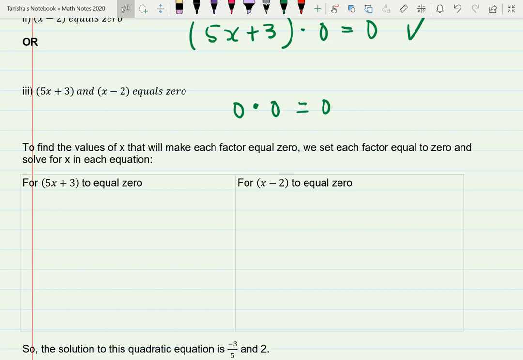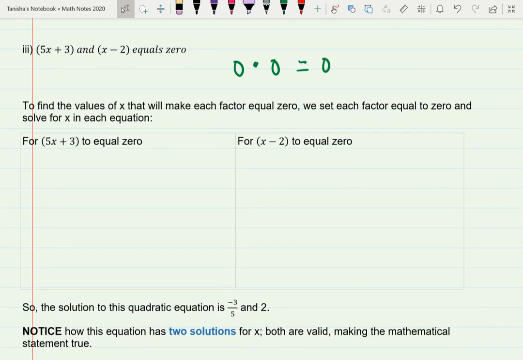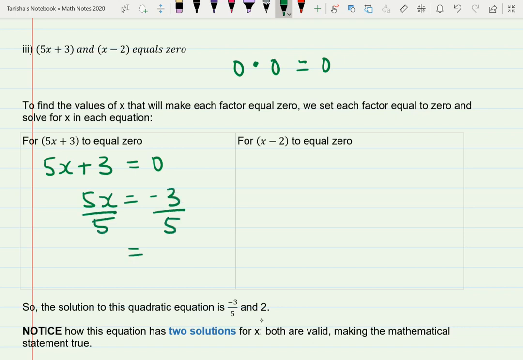So in order to solve this equation, we have to set both of our factors equal to 0 and solve for x. So we have 5x + 3, and we're going to set it equal to 0. We're going to move the 3 to the other side, leaving us with 5x on the left and -3 on the right, then divide both sides by 5. That's going to give us x = -3/5.